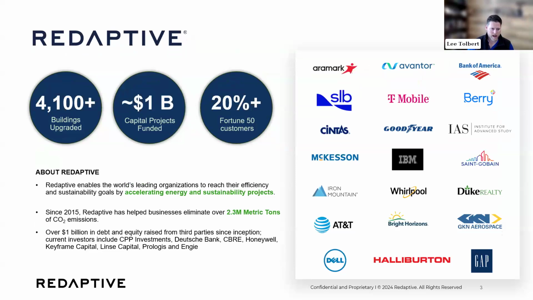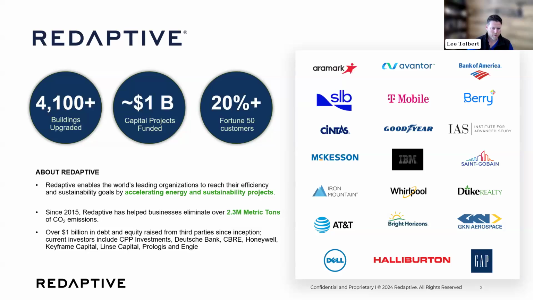Additionally, you'll see that we have a very robust client base, particularly in commercial and industrial, with manufacturing being a very large part of our overall portfolio, which we'll get to in just a minute.